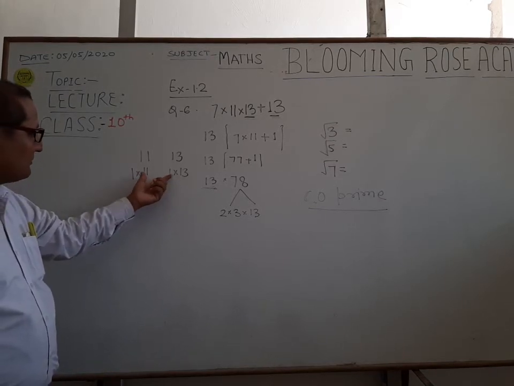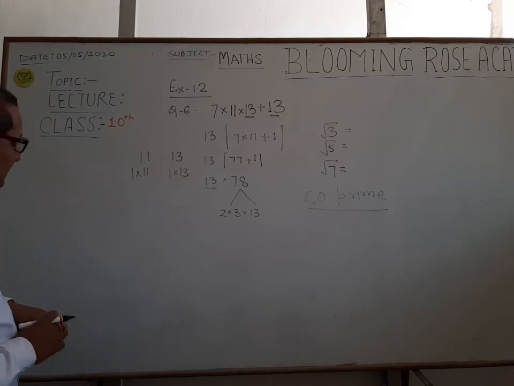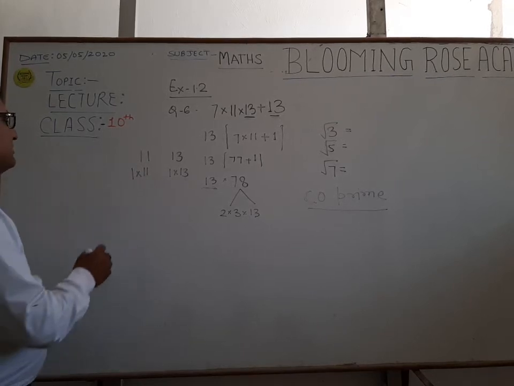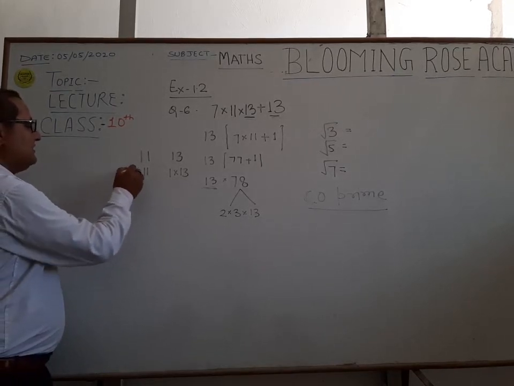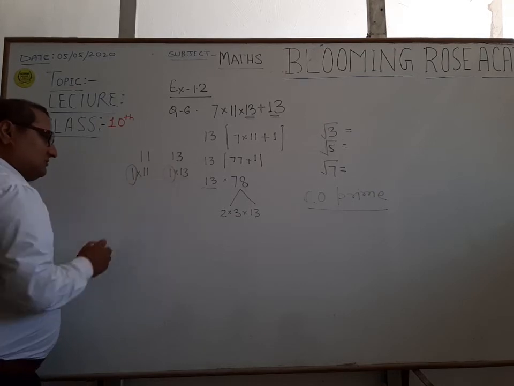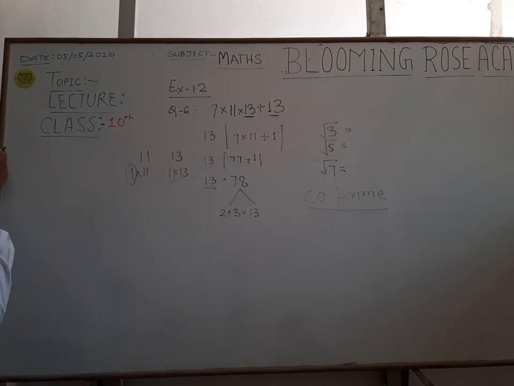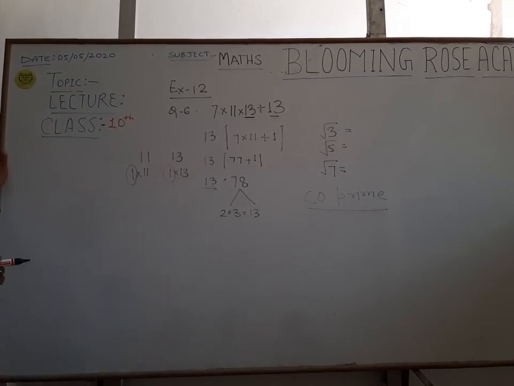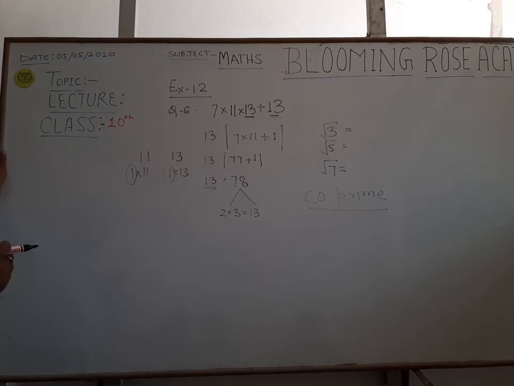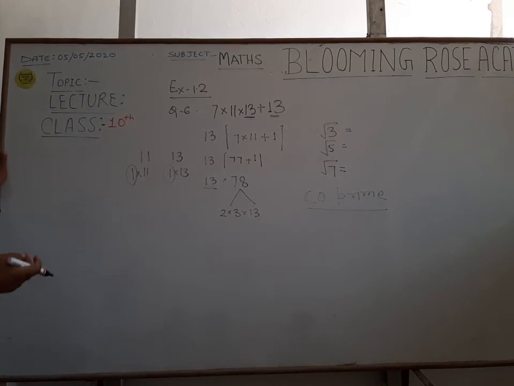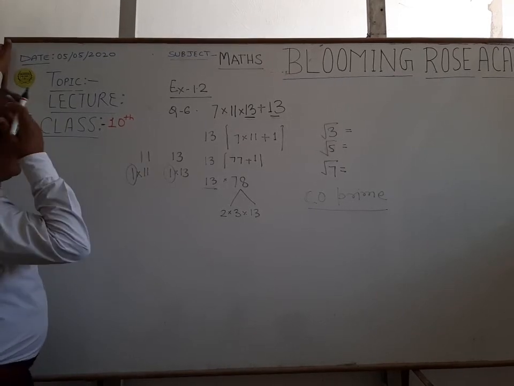Only 1 and 11, and 1 and 13 are the factors of 11 and 13. 1 is common here, but it is not the type of factor taken as a common factor, because 1 is available everywhere. Every number we write, 1 is mentioned with that.